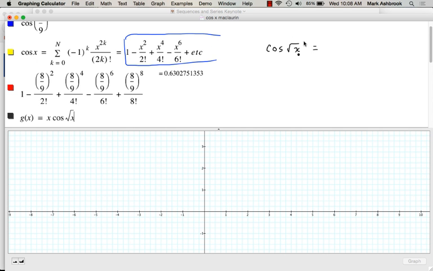Now the input, or independent variable, is radical x. So it would be 1 minus x over 2 factorial, plus x squared over 4 factorial. The square root, so what will the power be? Cube, because this is power 1/2, and 1/2 of 6 is 3.